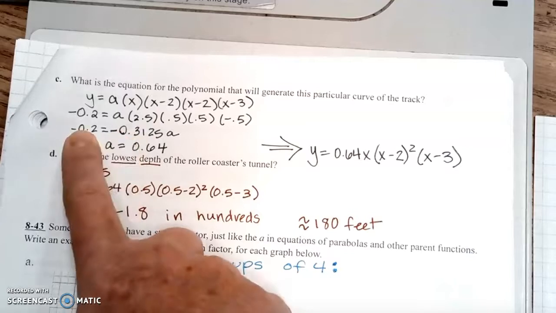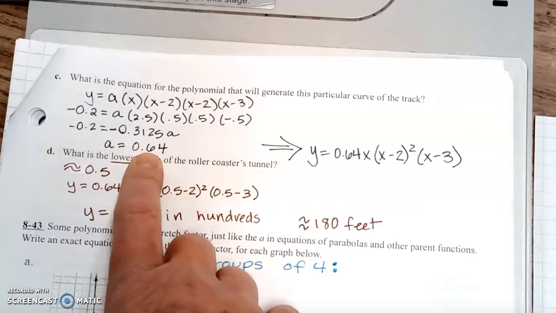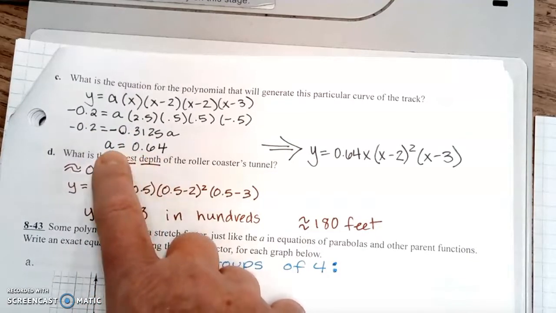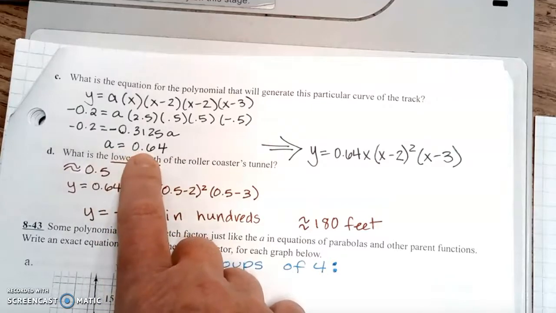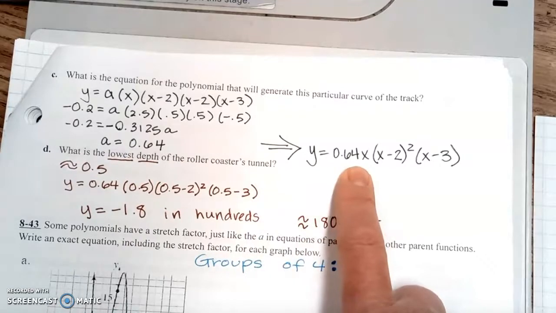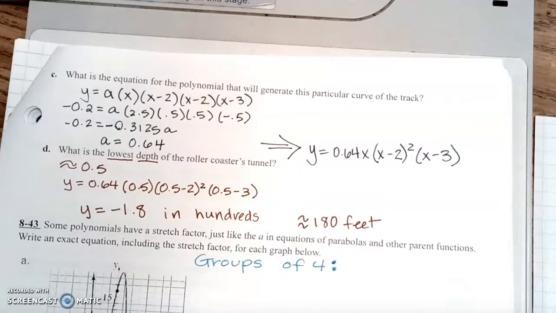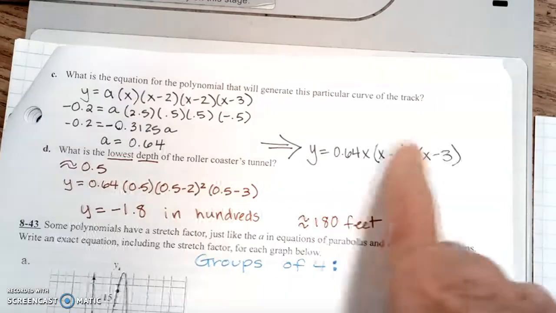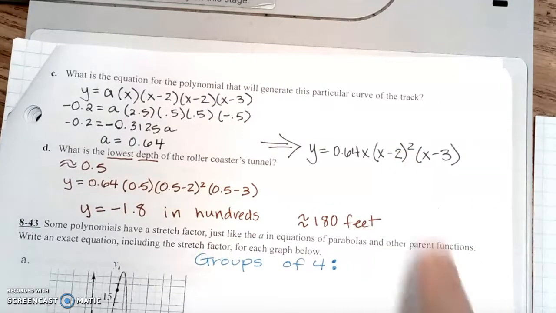So if you divide a negative by a negative, you should get a positive. And so the A is 0.64. That means the equation for that roller coaster ends up being y equals 0.64x times x minus 2 happens twice, and then the x minus 3. Okay?